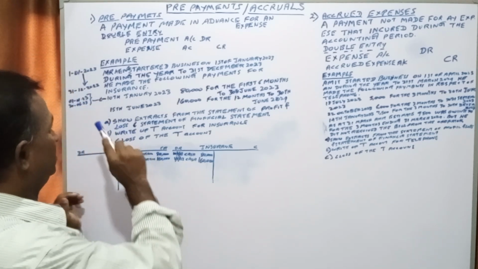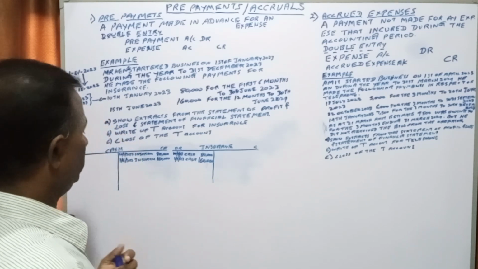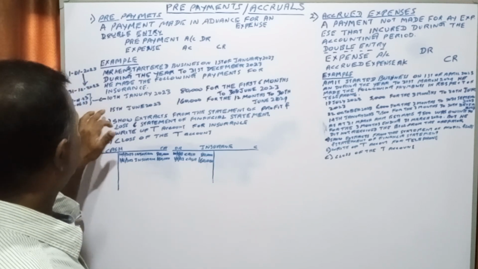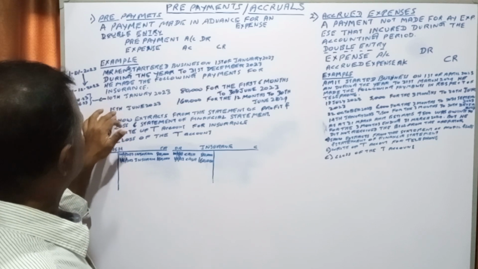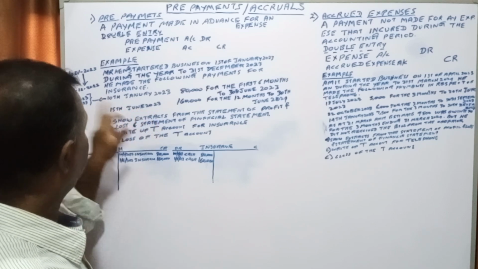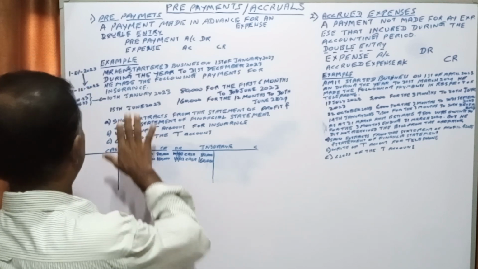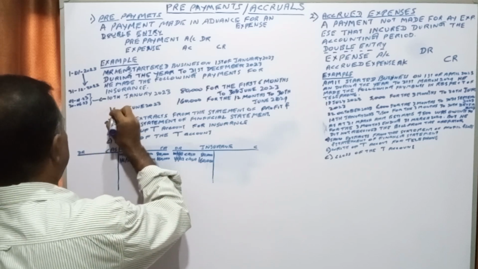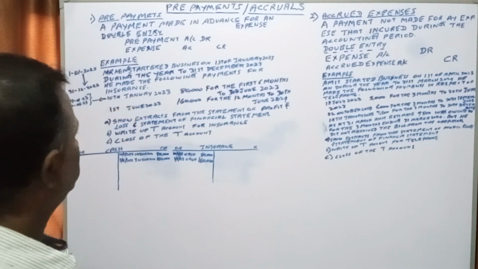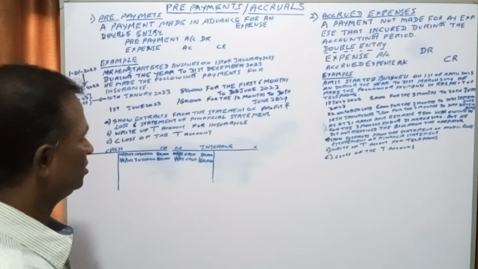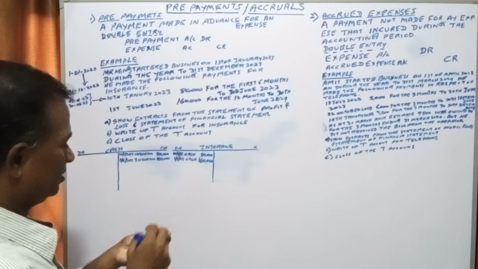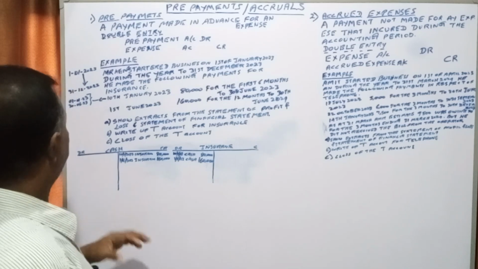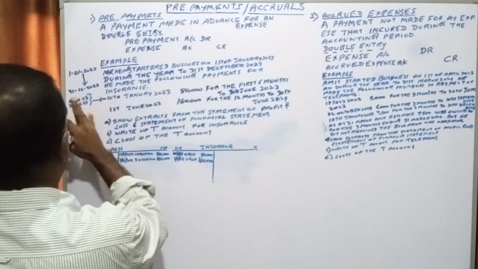So read the transaction very carefully. Sorry, it is 15th June 2023. Okay, I will make it 1st June, otherwise I had to adjust it there. 1st June 2023, he is paying 160,000 for the next 12 months, up to 30th June 2024. He is paying this one for 12 months.